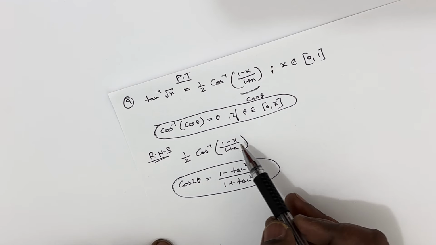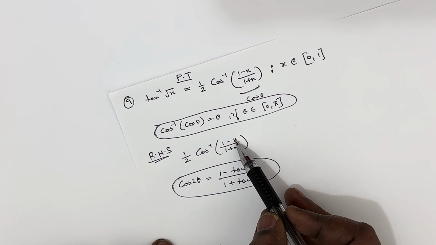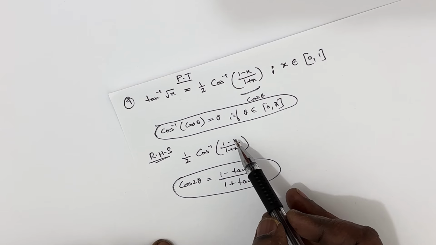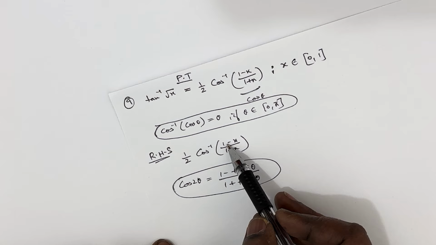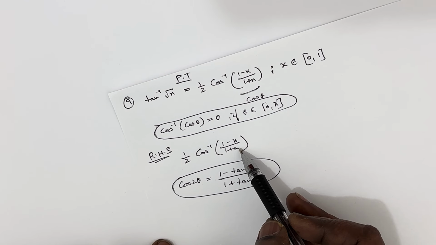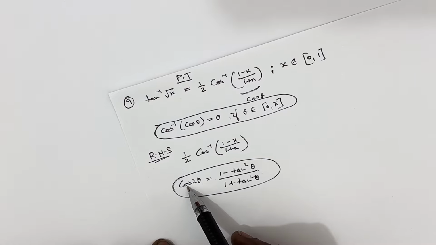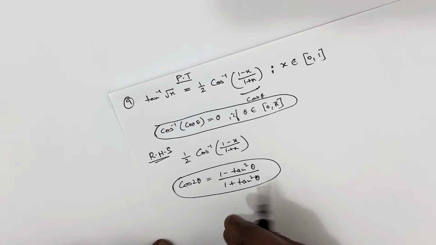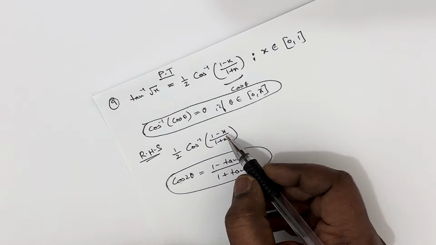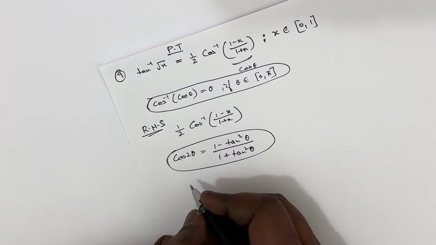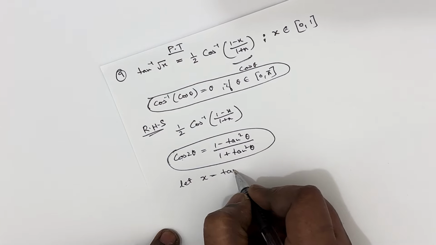So if we take the value of x as tan square theta, we will get this formula. Let's put x is equal to tan square theta.